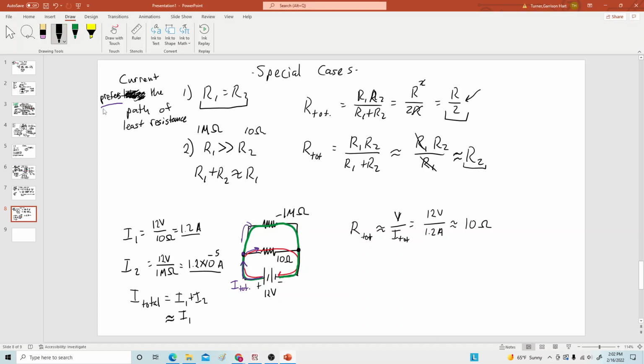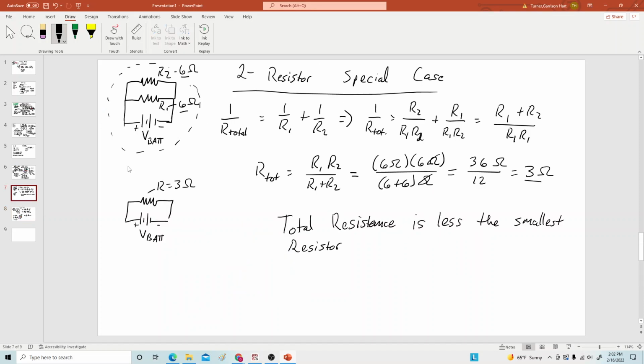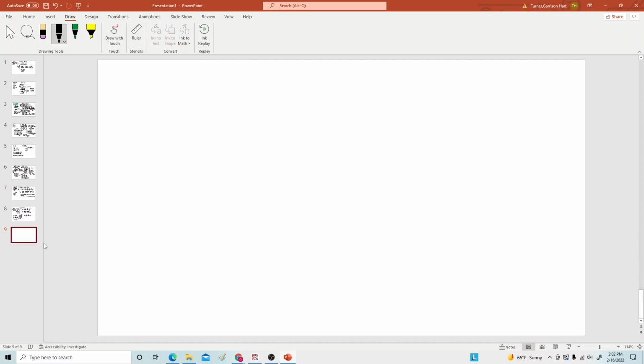Okay, but that's when you have a large gap between your two resistors. One of your resistors is several times larger than your other one. So, as I said, the total resistance is always going to be less than the smallest resistor. What happens in non-extreme cases? What happens if R1 is equal to 20 ohms and R2 is equal to, say, 100 ohms?